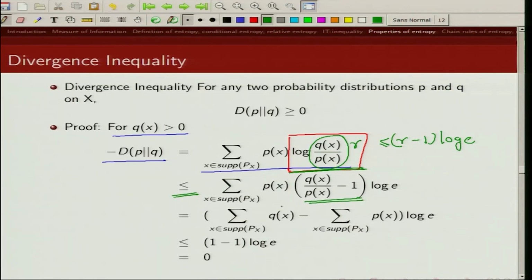Now simplifying, this is P of x multiplied by Q of x by P of x, so I will get summation over Q of x, and here I will get summation over P of x. This is less than or equal to 1 minus 1, which is basically 0. So what I have shown is minus of divergence between these two probability distributions P and Q is less than or equal to 0, or in other words, divergence between P and Q is greater than or equal to 0.